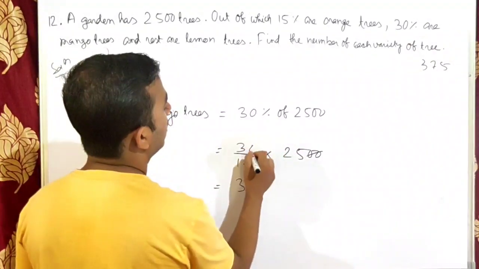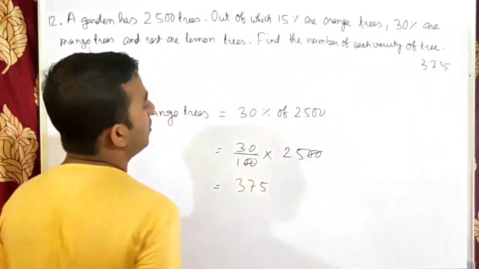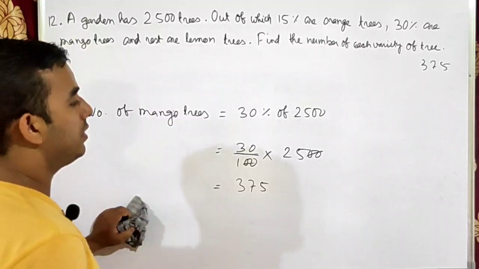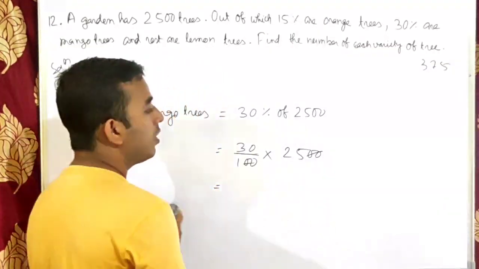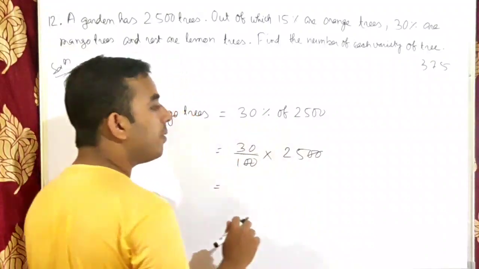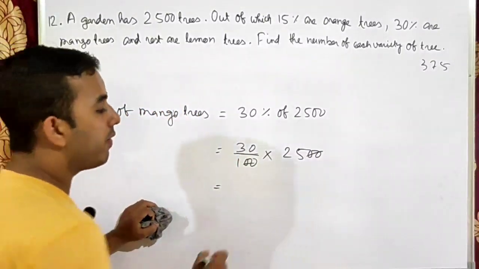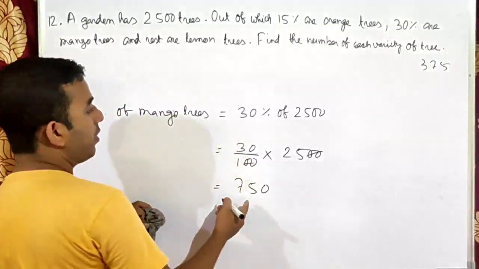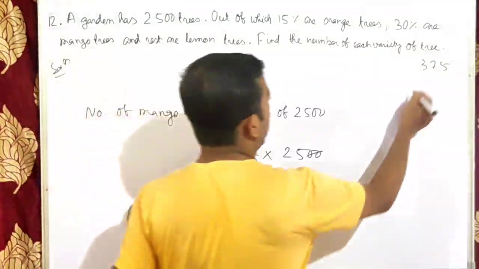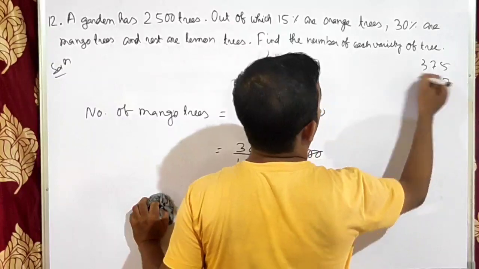So here we will write 30 by 100, then the double zeros will get cancelled, isn't it? Now 30 into 25 is how much? 25 into 3 is 75, isn't it? So 75, then this 0. So number of mango trees is how much? 750. Okay.